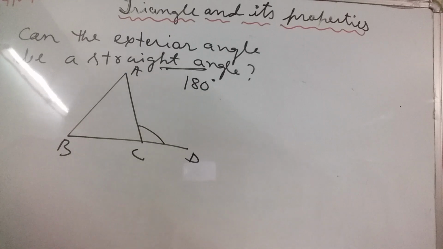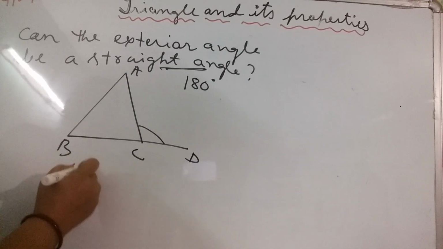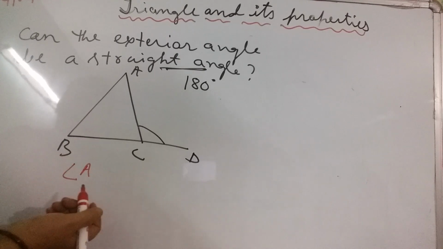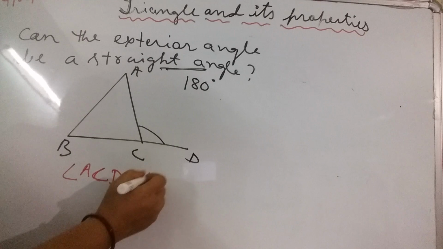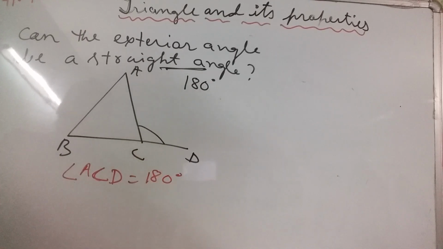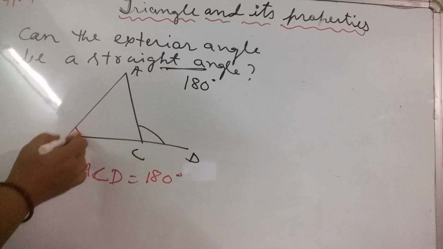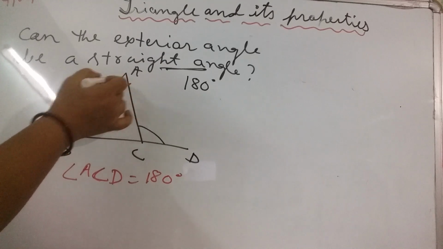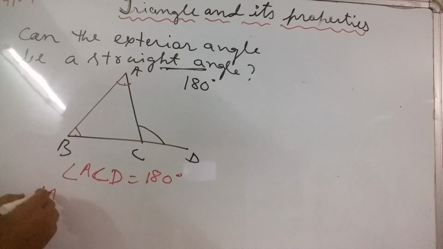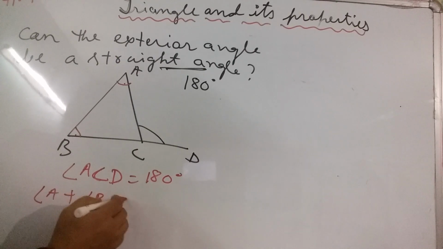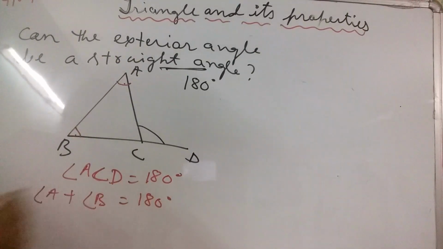If we assume angle ACD is 180 degrees, then what will happen? Angle A plus angle B should also be equal to 180 degrees. But we have just learned that the sum of three angles of a triangle is 180 degrees.